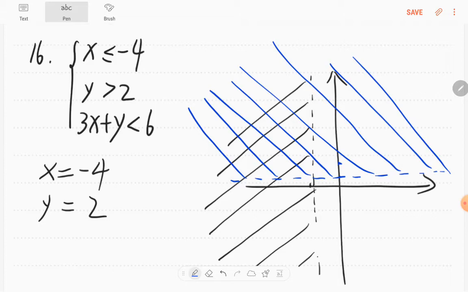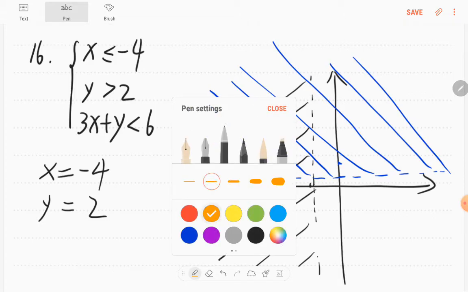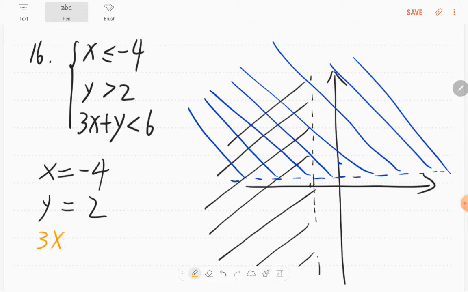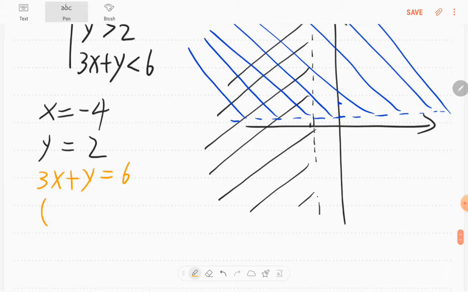Then the next one, we use another color: 3x plus y equals 6. We need two points, right? One point is when y equals 0, x equals 2, and when x equals 0, y equals 6.